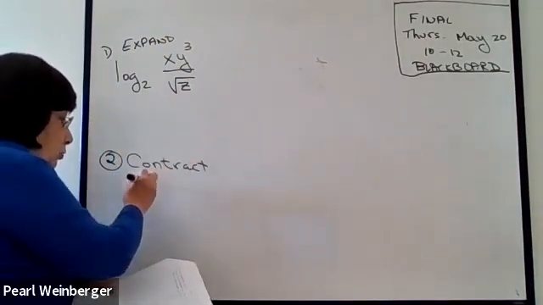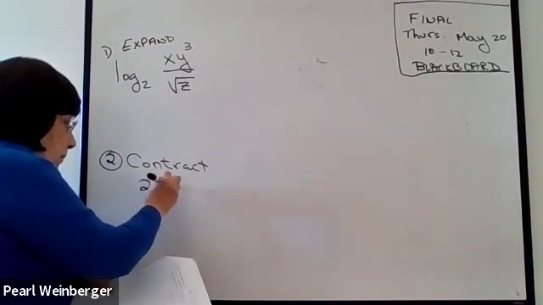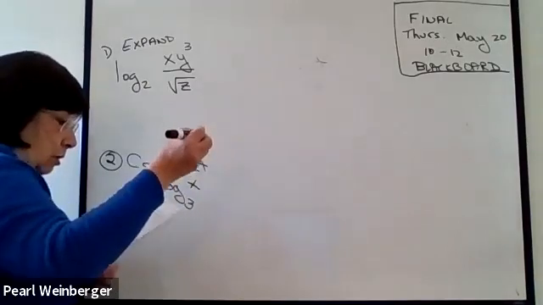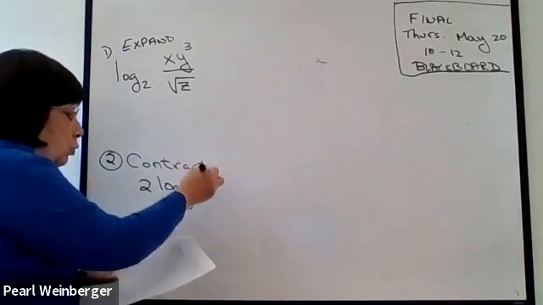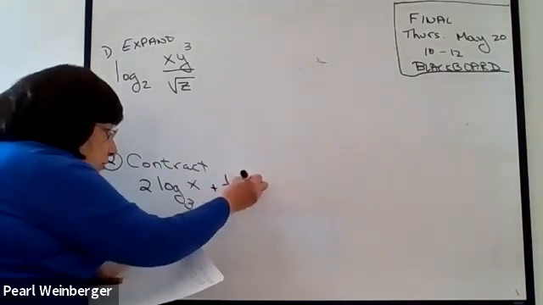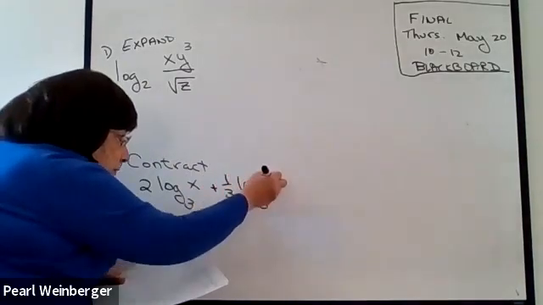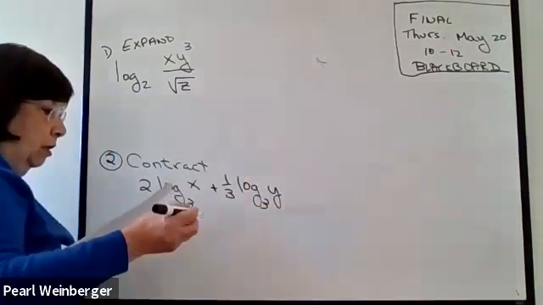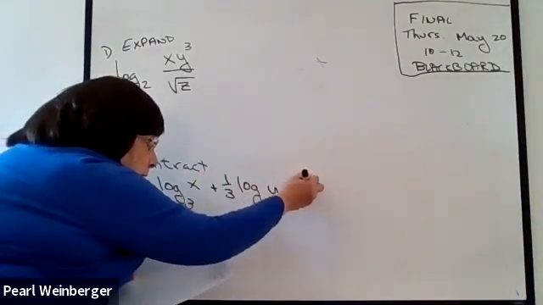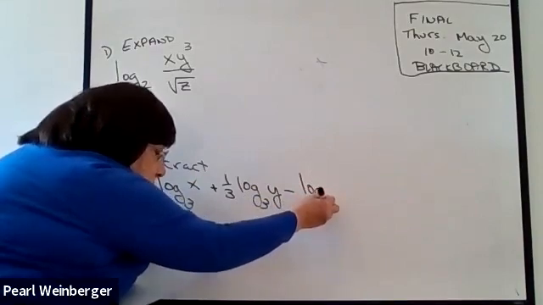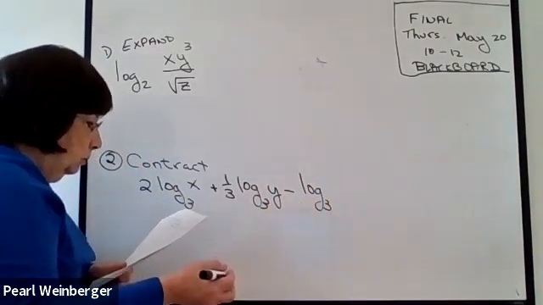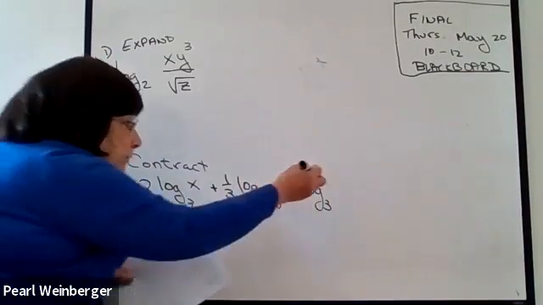We have 2 log base 3 of x plus 1/3 log base 3 of y minus log base 3 of z.